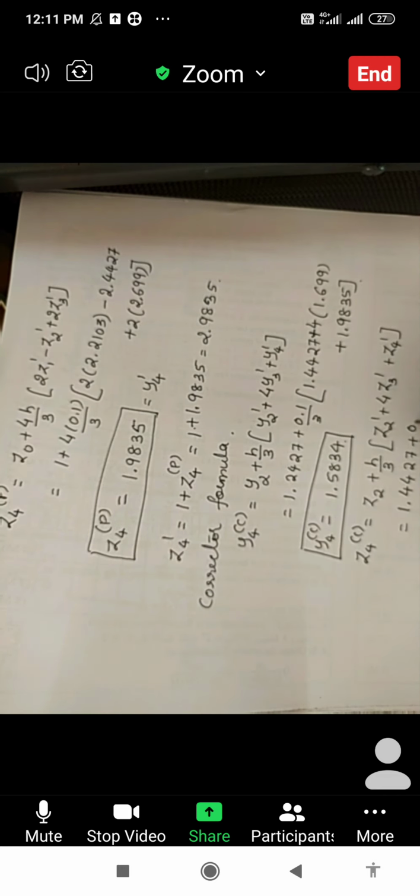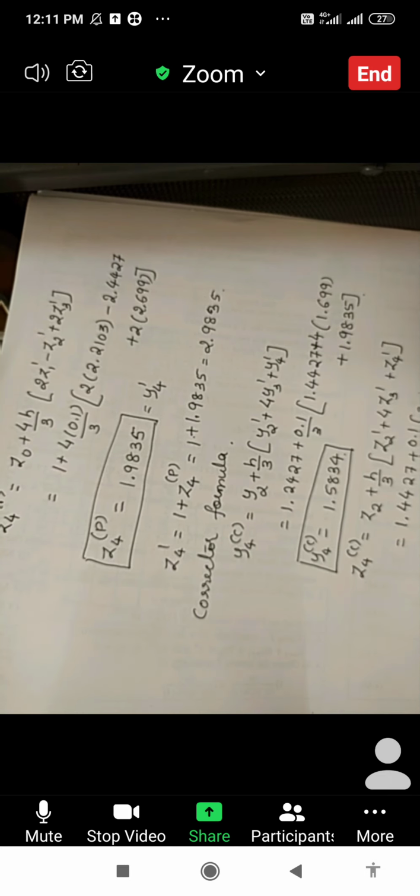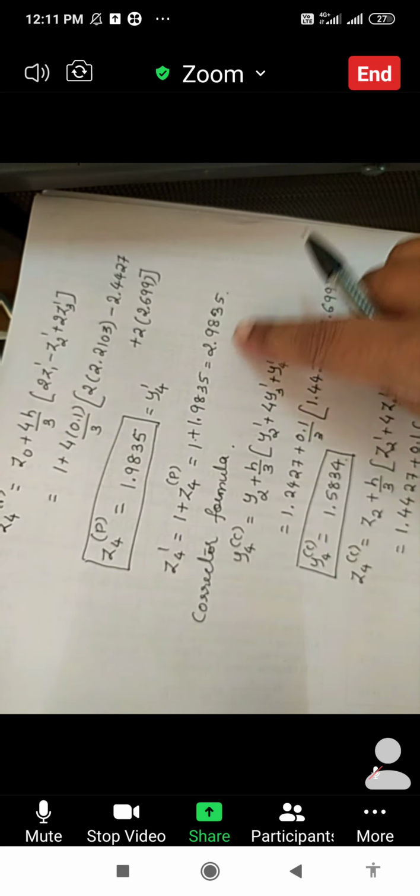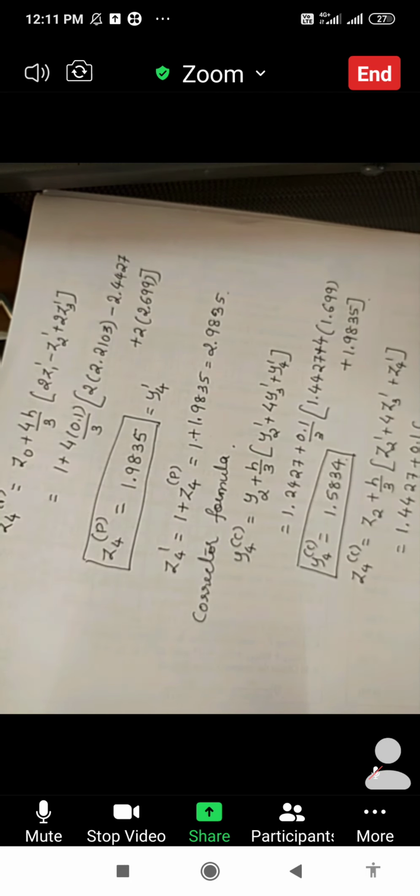Plus h is 0.1 divided by 3, Z2 dash 2.4427, plus 4 into Z3 dash 2.699, plus Z4 dash, which we have calculated, 2.9835.